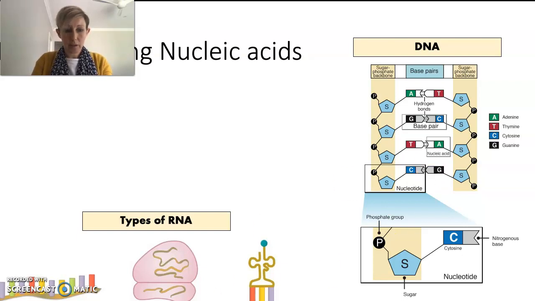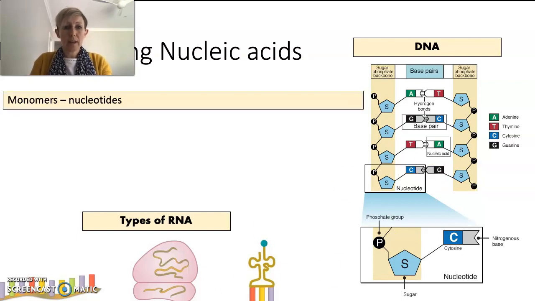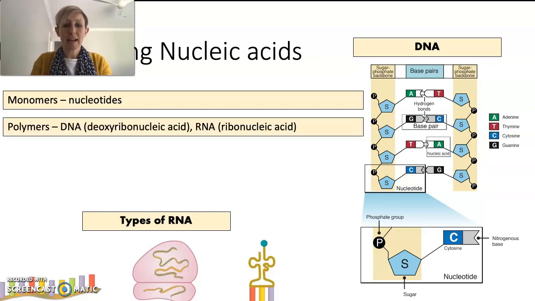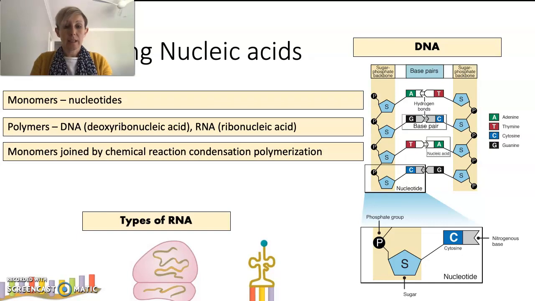So just to go through some of the key things that you need to remember. You need to be able to name the monomer and the polymer. Monomer being nucleotides, polymers being DNA and RNA. In addition, I would really like you to know that the monomers are joined together using a reaction called condensation polymerization. Now, condensation is a word that you're familiar with from year 7, and it means, in this context, that the reaction releases water.